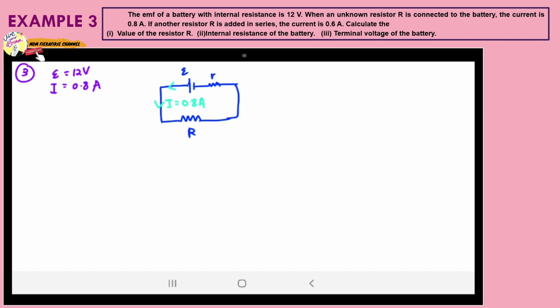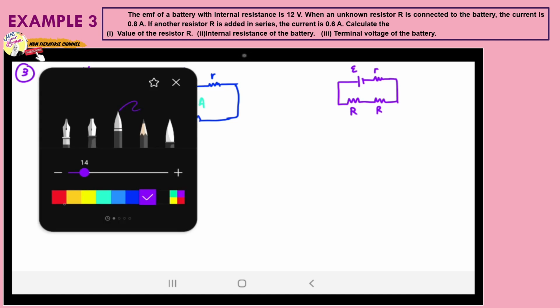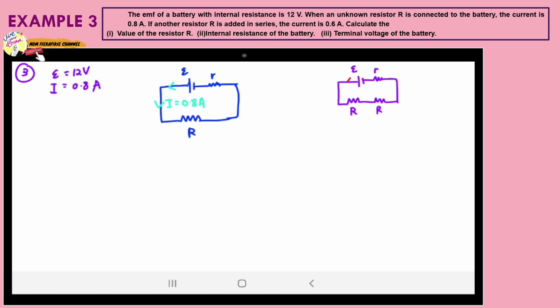So let's draw another circuit. We still have the same EMF with the same internal resistance, but now we have another R here. The EMF is 12 volt, but the current in this circuit is not 0.8 anymore, it's 0.6 ampere.